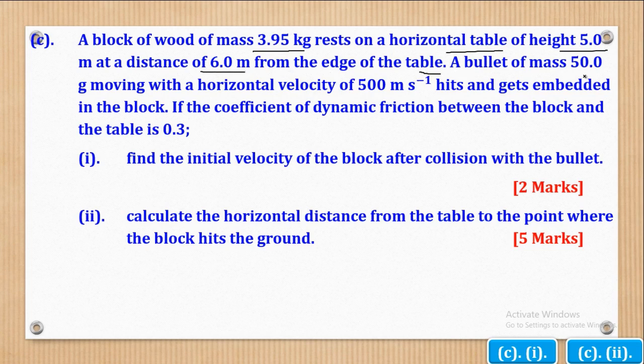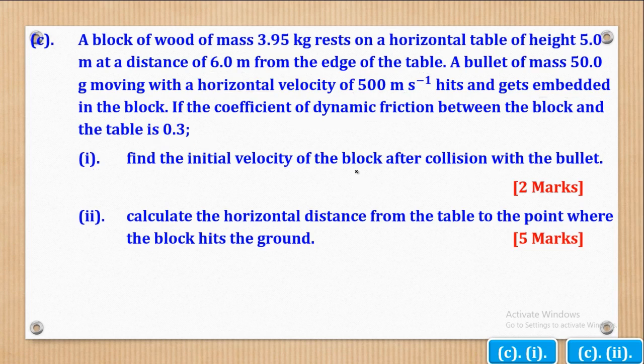A bullet of mass 50 grams moving with a horizontal velocity, notice, horizontal velocity of 500 meters per second, hits and gets embedded in the block. If the coefficient of dynamic friction between the block and the table is 0.3, Roman 1, find the initial velocity of the block after collision with the bullet.